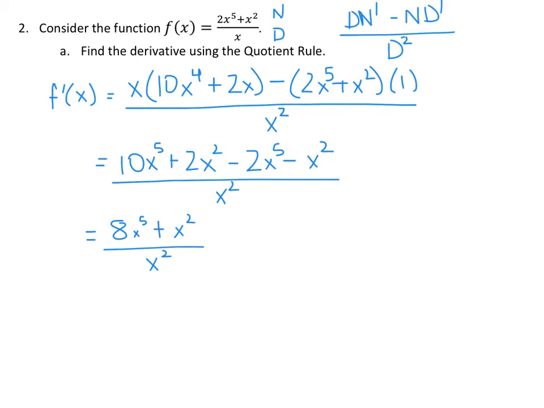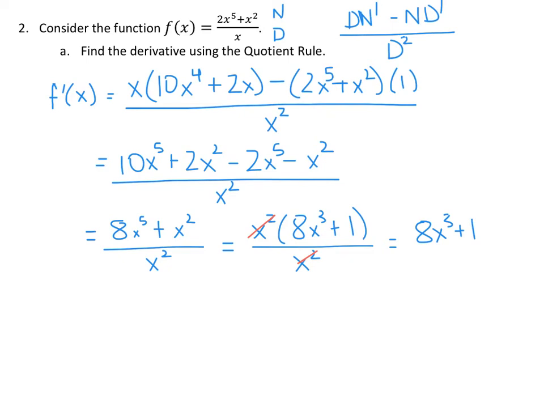Next, we can factor out an x squared from the numerator. Factoring out an x squared, we're left with an 8x cubed plus 1, all divided by x squared. So now our x squareds are going to cancel, and we're left with an 8x cubed plus 1.